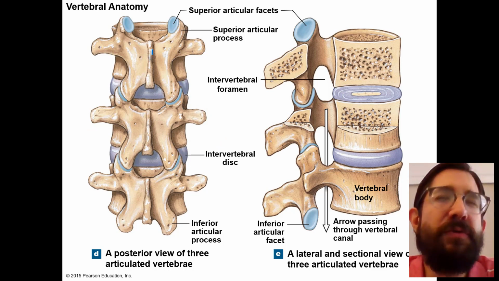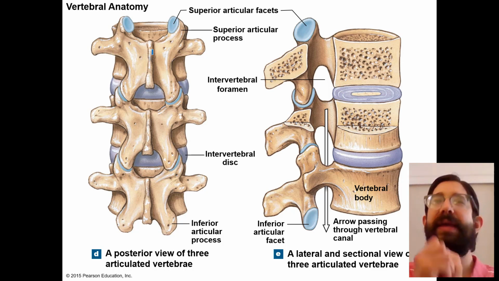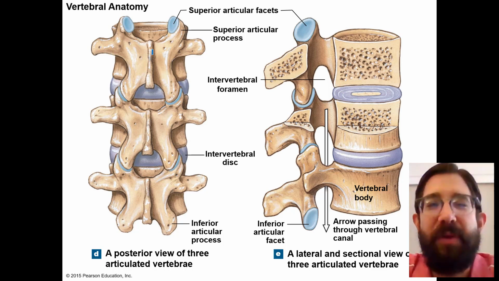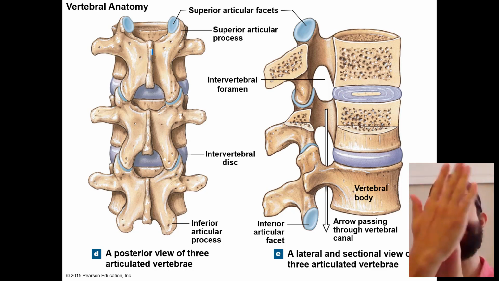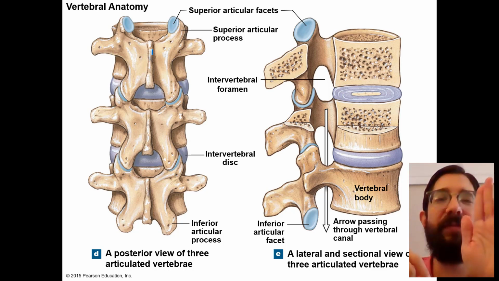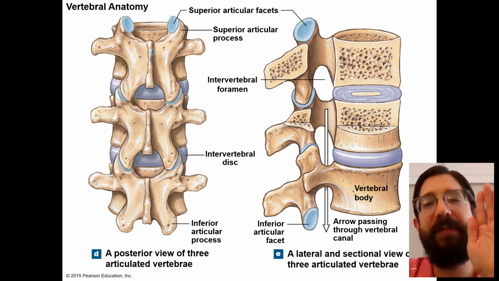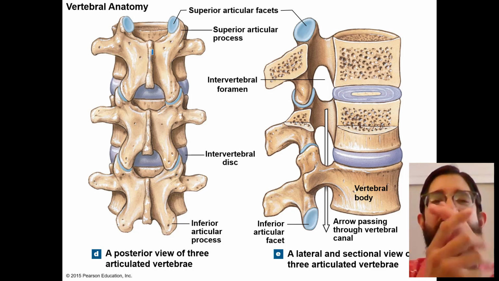There's just one little nuanced thing to understand about these processes. A process is like a bulky chunk of bone, but the vertebrae really only touch at one specific spot. It's like, look at my hand. If you give me a high five, you're not touching my whole hand.